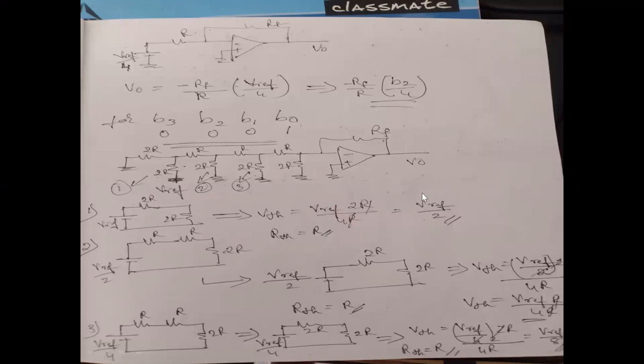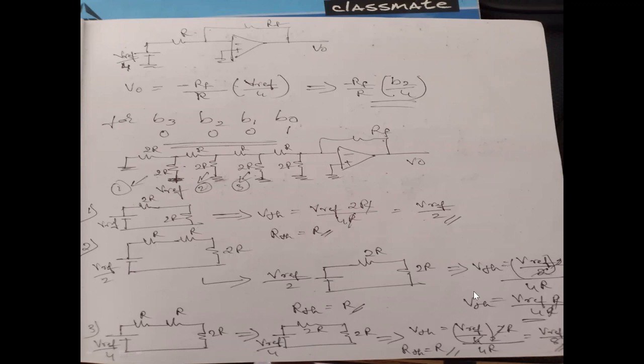Now this voltage source would be our input to the next stage. So now this R would be in series, and this second input would look something like this. V reference, R and R and 2R.